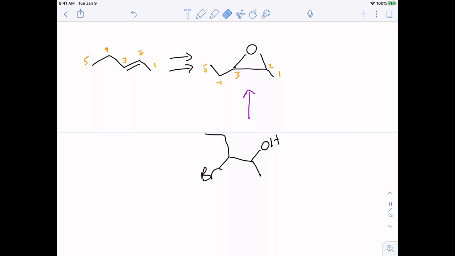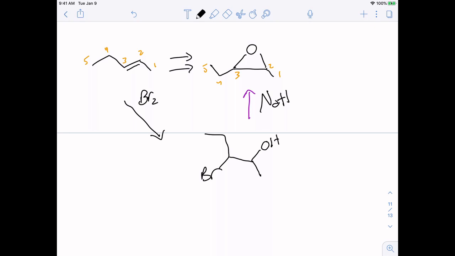So to go from this halohydrin to that, we had to add some sort of strong base. So I'm going to put a strong base in. I'm going to use sodium hydride. And then the question is, okay, do I have a way to go from an alkene to this halohydrin? And we actually do. This one is from chapter 10.